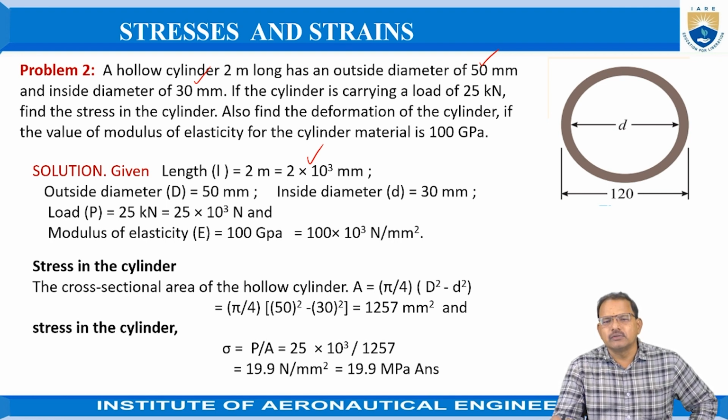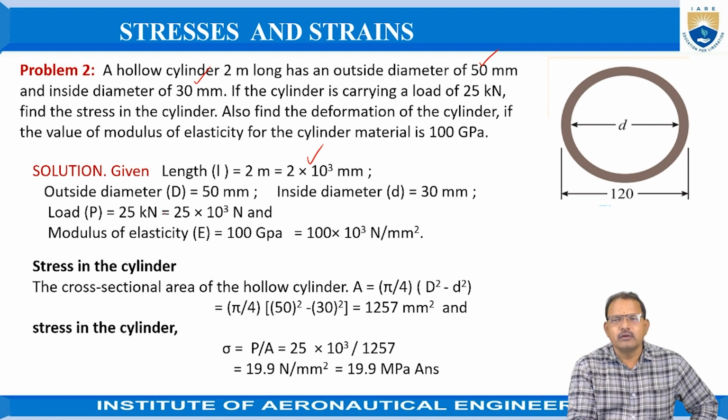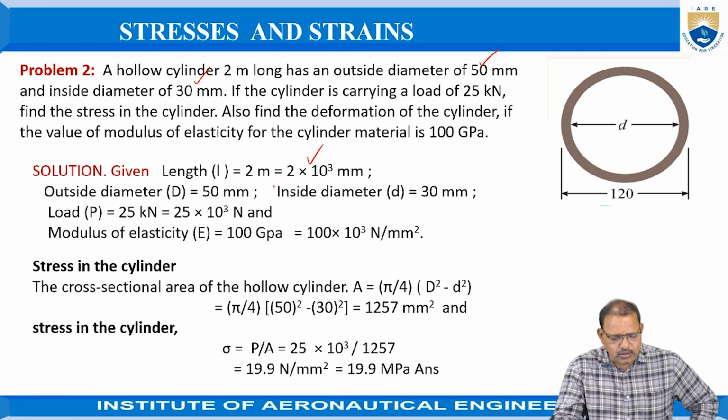The load applied is 25 kilonewtons, that is 25 into 10 to the power of 3 newtons. Modulus of elasticity is equal to 100 GPa, which is 100 into 10 to the power of 3 Newton per mm square.